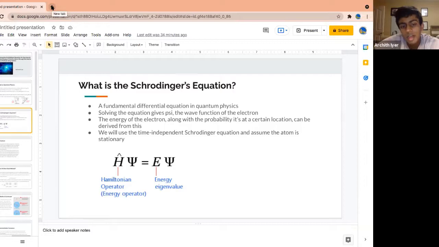Yes, I should probably have added one for hydrogen here, but the Hamiltonian operator is not just a variable. It's an operator. Like Dr. McMahon said, it's a bunch of differentials, and it varies per atom. So the Hamiltonian operator for hydrogen is different from the Hamiltonian operator for lithium, and so on. I should have probably included an example, but yeah, that's how it works.